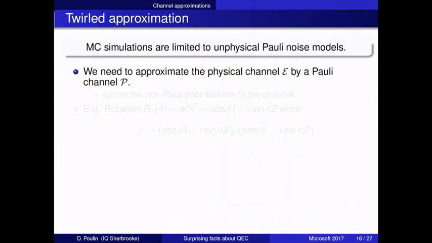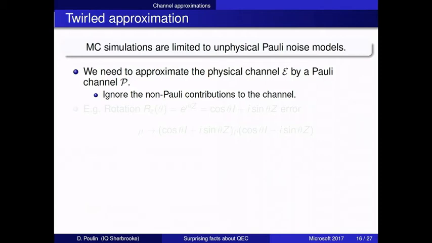If you assume that the noise model is either Pauli or Clifford, a stochastic noise model, then you can simulate the whole thing efficiently. You can do millions of qubits. But in reality, the noise is never a Pauli channel. So given a physical noise model, you need to approximate it by a Pauli channel somehow, and then do the simulation with that approximation. That's a procedure that people have been using.